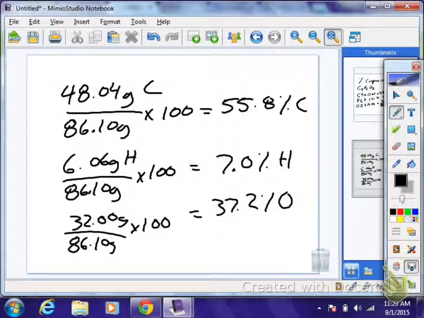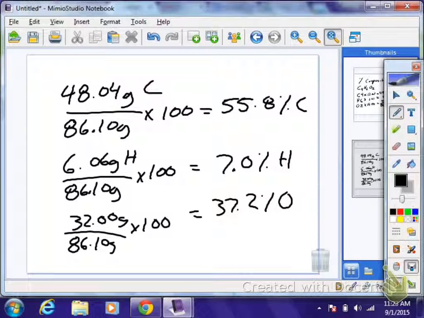We're not going to do this one, but I would take the percents and write grams for each one. Based upon a 100-gram sample, 55.8% of 100 grams is 55.8 grams, then 7 grams and 37.2 grams.